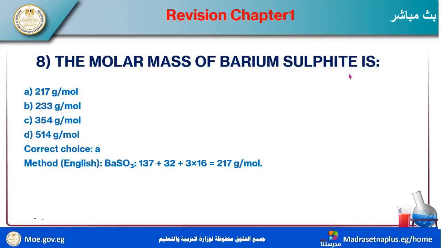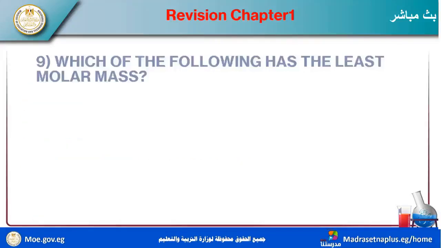If it is sulfite the true answer is B, sulfite SO3. I will rewrite the calculation: Ba 137 plus S 32 plus 3 times 16 equals 217. I told you before, if you write the molecular formula wrong, your calculation is not correct.